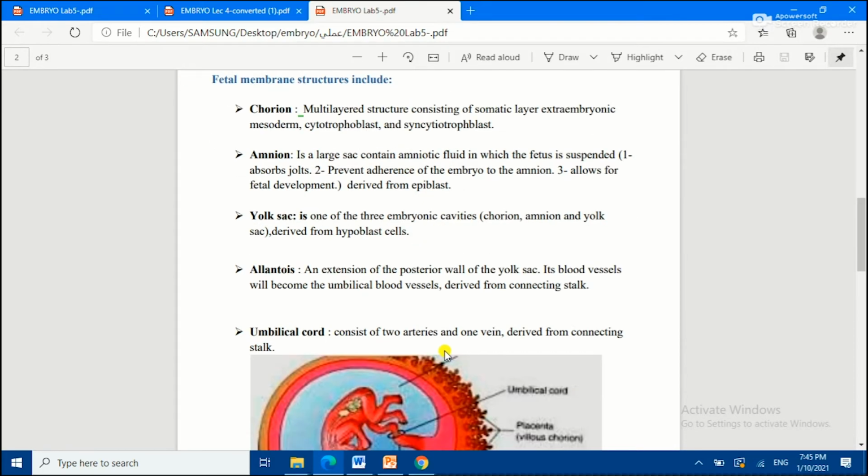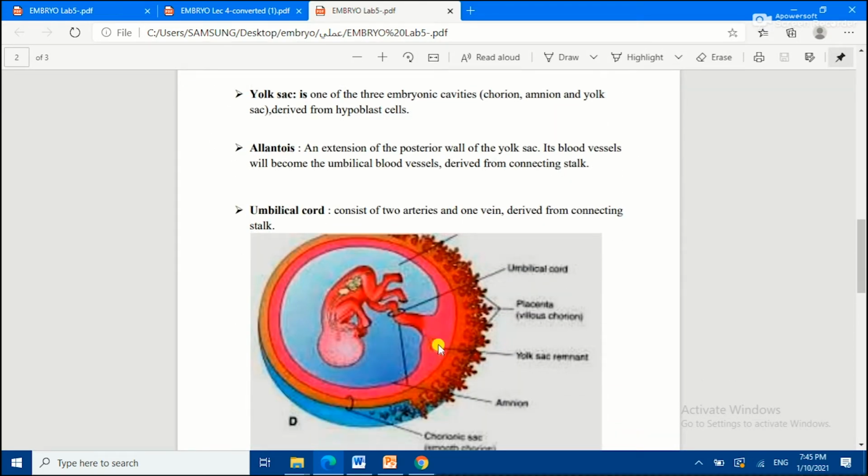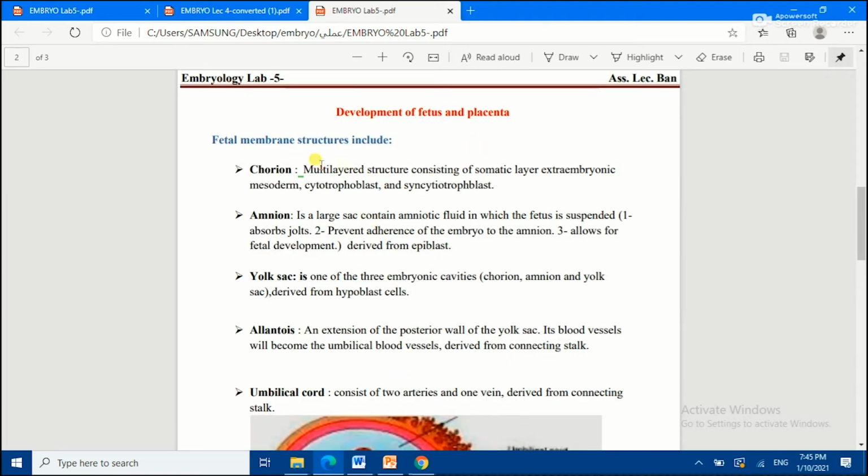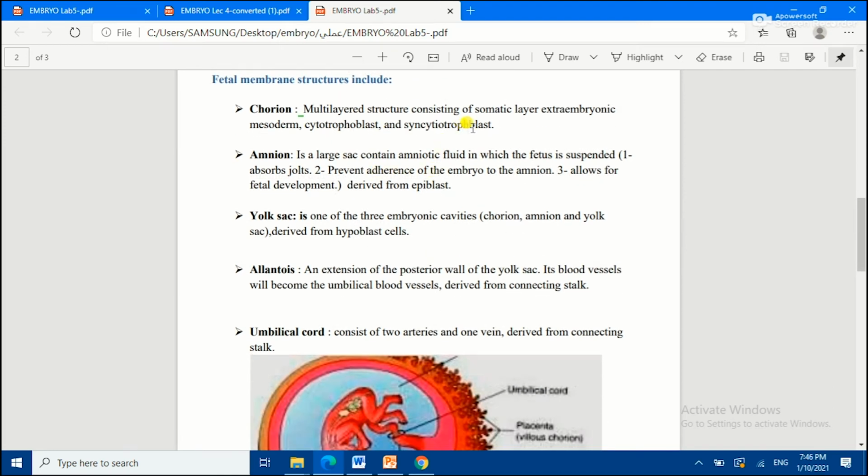is a structure, okay, the chorionic sac. Chorion, look here, this is the chorion. This layer is a multi-layered structure, and it consists of the somatic layer of extra-embryonic mesoderm, that is extra-embryonic somatic mesoderm, and cytotrophoblast with the syncytiotrophoblast.